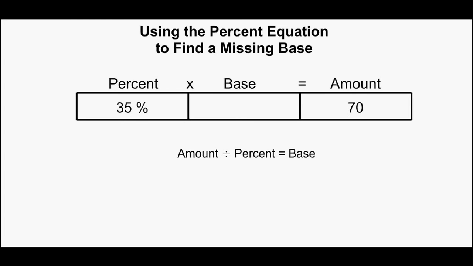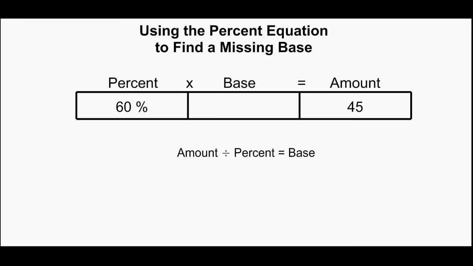Here I have the percent, 35%, my missing base, which we'll be finding, and the amount is 70. Take the amount, 70, divide it by the percent in either decimal or fraction form, and it will equal the missing base, 200. Our missing base is 200.